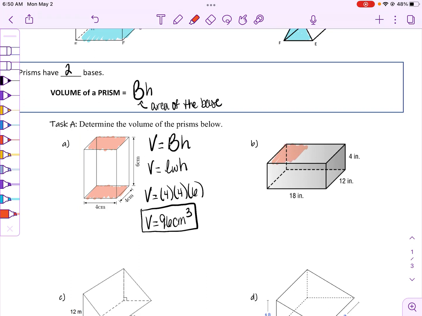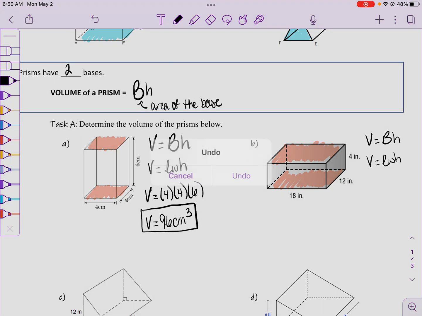So I look for my bases. Here are my bases. And then again, now volume is area of the base times the height. So it's length times width times height. Right?